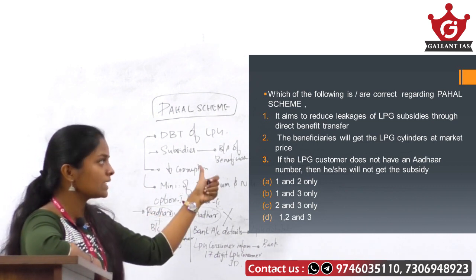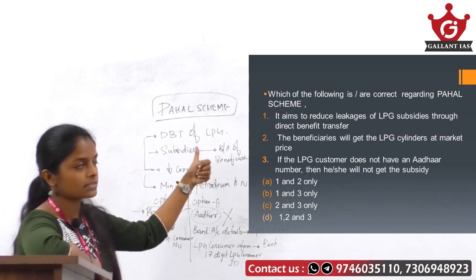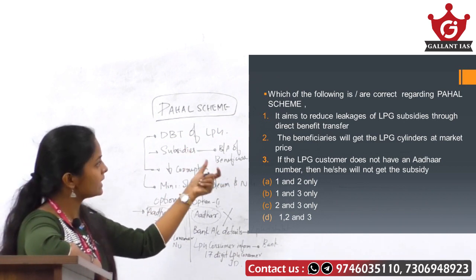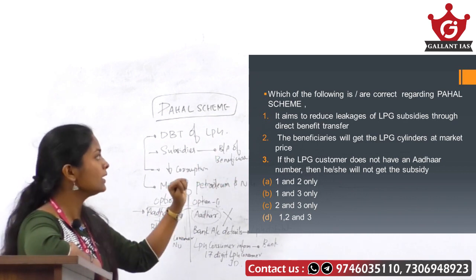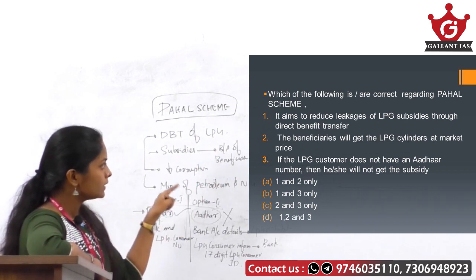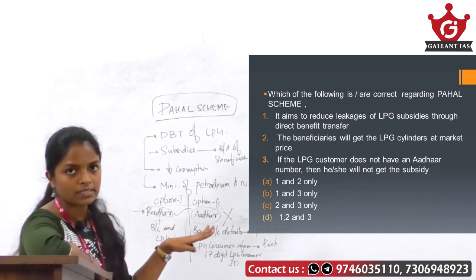The first statement is a positive and general statement, and it is the aim of this scheme. It aims to reduce leakages of LPG subsidies through direct benefit transfer. It is a correct statement. The second statement, that the beneficiaries will get the LPG cylinders at market price, is also true.